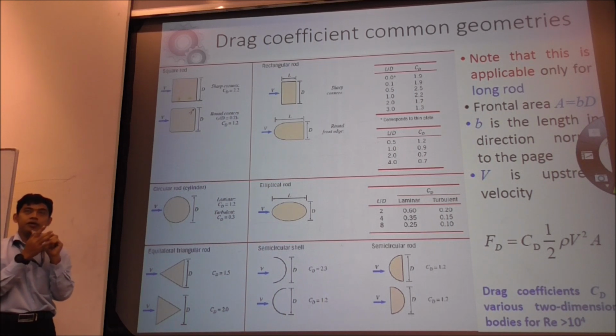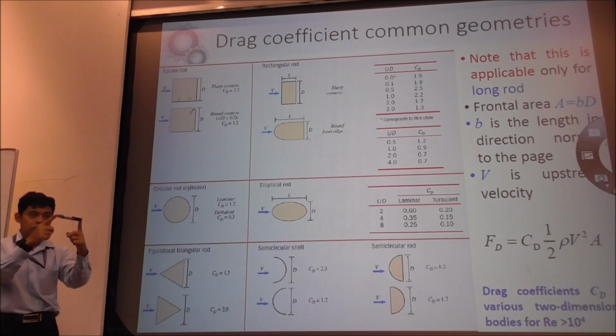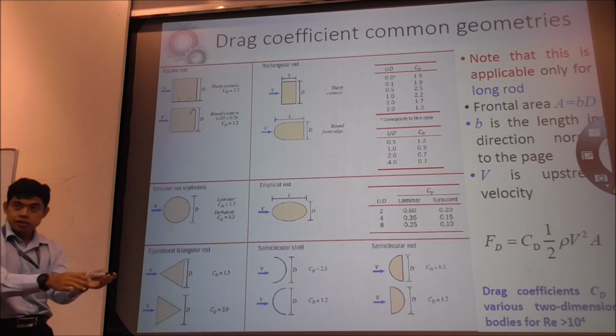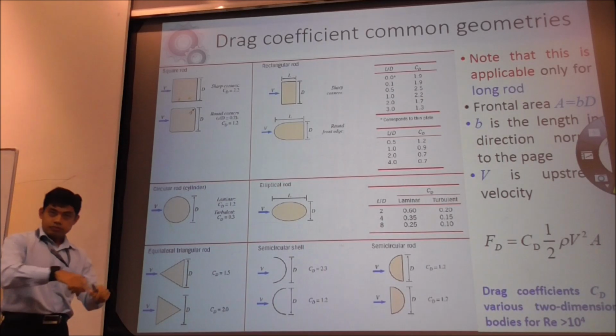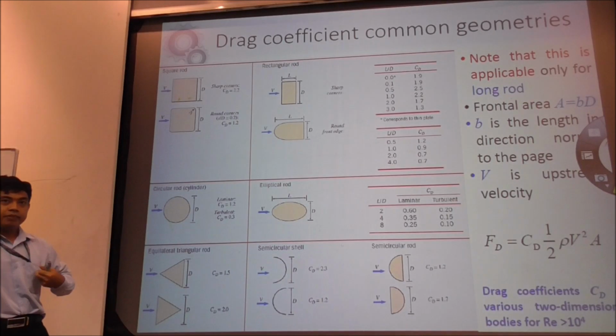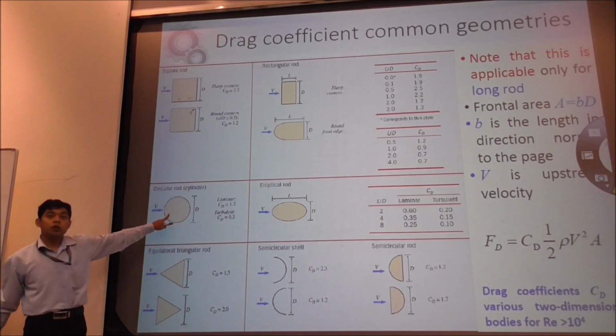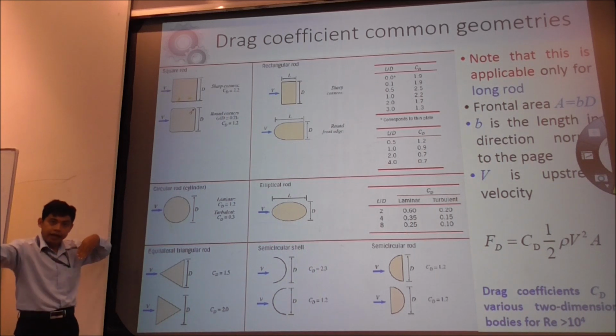Let's say you have an oil pipe suspended in the water, in the seabed. This pipe can be 1 kilometer or 5 kilometers and they have the same diameter, so you can take only this one. So you don't have to care about the length of it.